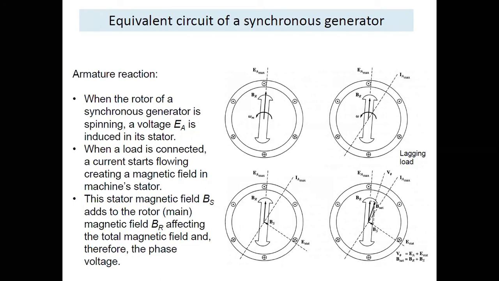Due to the closed circuit of the armature on the stator, current flows, and that current also produces a magnetic field. So now we have two magnetic fields, one created by the field winding and one by the armature winding. We place the field winding on the rotor and the armature winding on the stator.